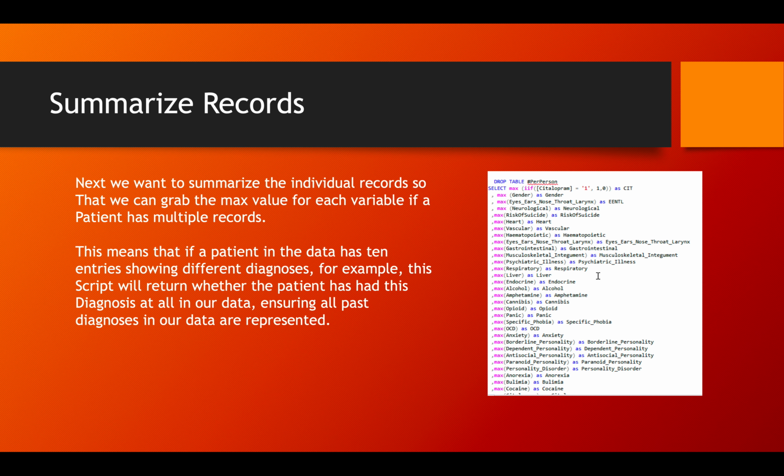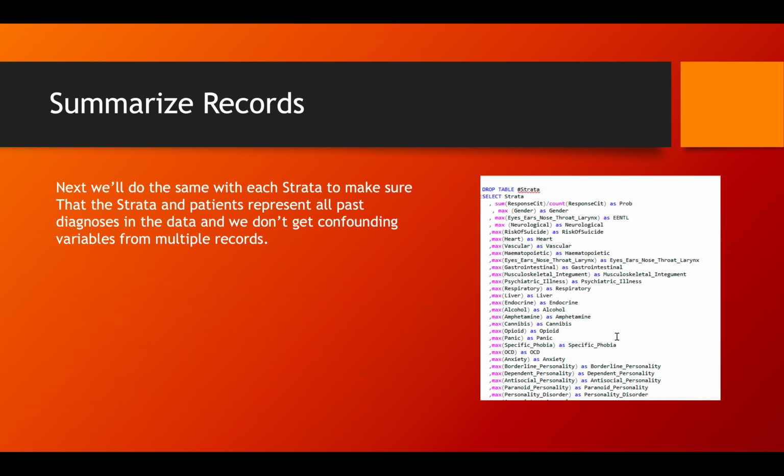So we're ensuring that all past diagnoses in our data are represented. So if one record shows a 1 for amphetamine, but the next record shows a 0, we're going to default to that 1 and make sure that it combines across all of the entries per patient.